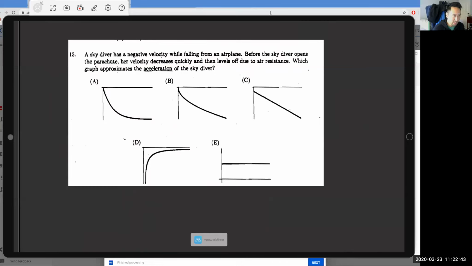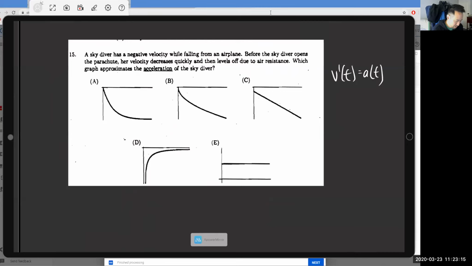The question is asking which graph approximates the acceleration, right? And if you forgot, acceleration is the derivative of velocity, which means acceleration is the slope of velocity. And if I already told you that this is my velocity graph, A, well, I need an acceleration graph that represents a negative slope everywhere, which means I have to have my entire graph underneath the x-axis.